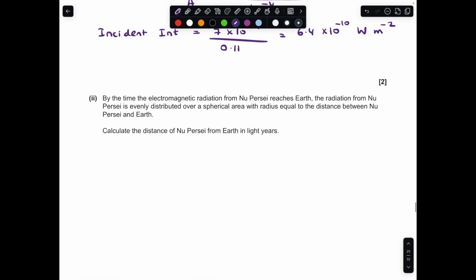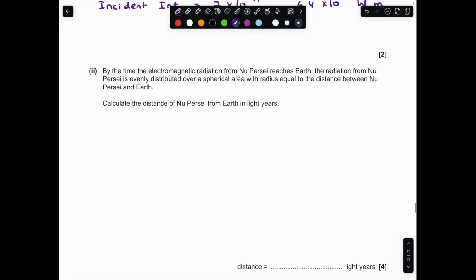Part II. By the time electromagnetic radiation from Nu Persei reaches Earth, the radiation is evenly distributed over a spherical area with radius equal to the distance between Nu Persei and the Earth. Calculate the distance of Nu Persei from Earth in light years. Okie doke. We know the spherical area has radius r equal to the distance between the two.